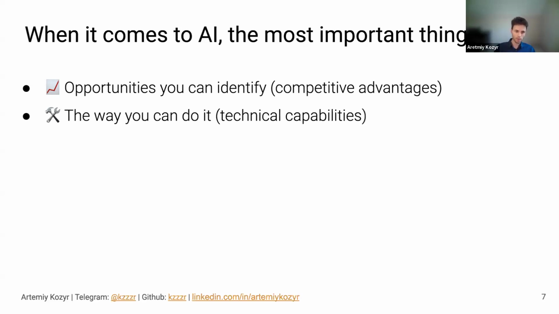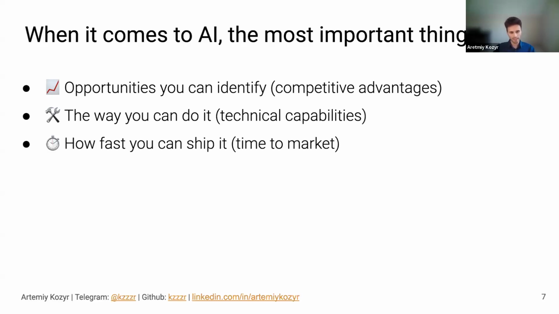Secondly, the way you can do it: are there any technical capabilities of achieving these opportunities, making them happen? And third, how fast can you ship it? It's about time to market, between the idea and the feature released to production.